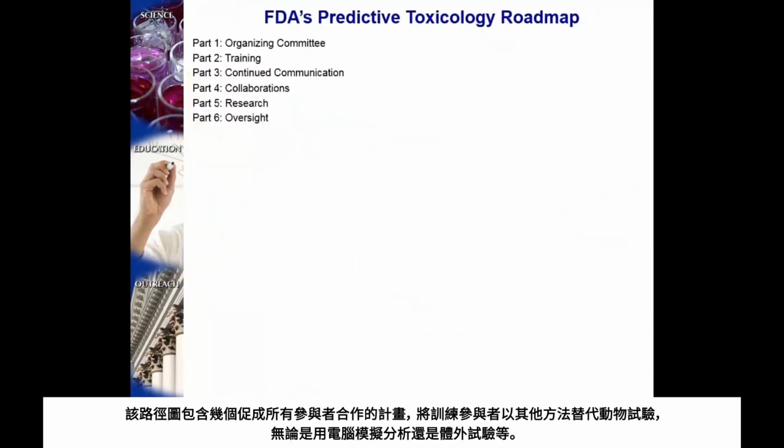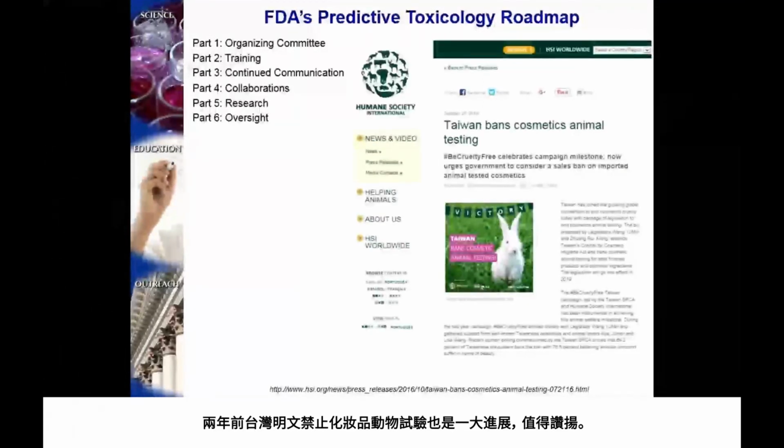That roadmap takes into account a couple of parts where all these players will come together, will be trained or will train in addressing other methods that can be used in place of the animal test, either in silico, in vitro, ex vivo, etc. And from that perspective, it is also commended to see, and it is a big step forward to see that Taiwan banned the cosmetic animal testing, as stated in this document 2 years ago.